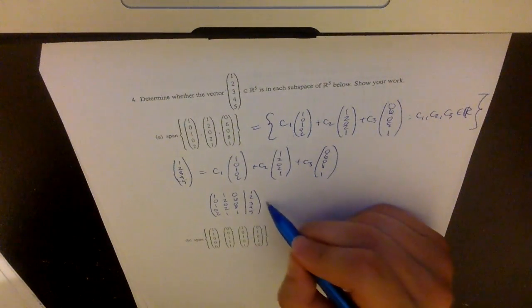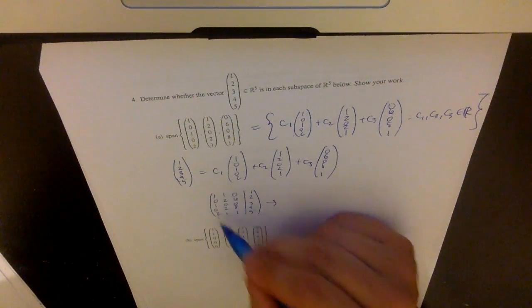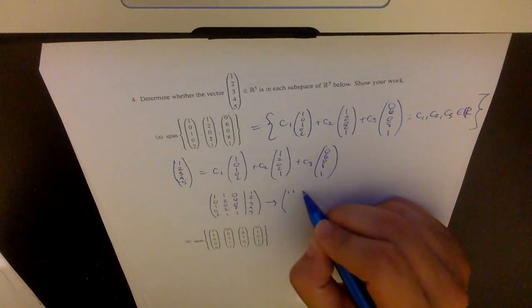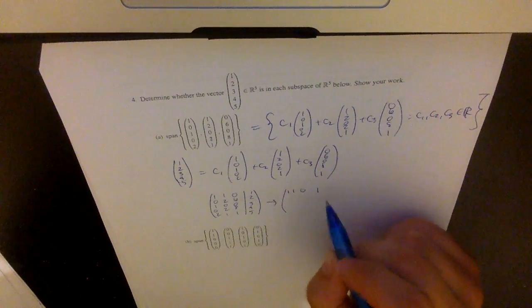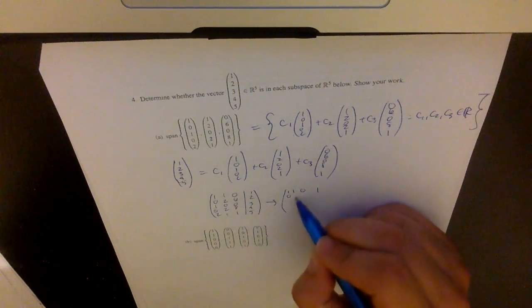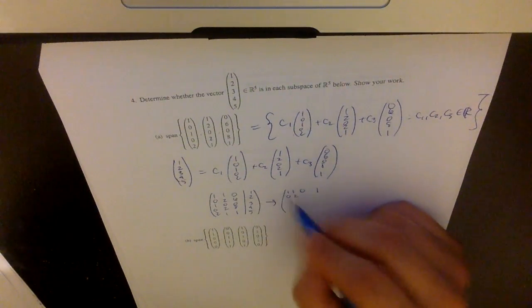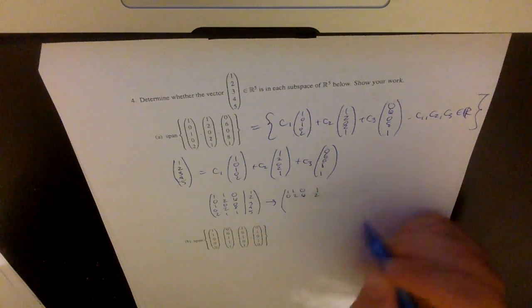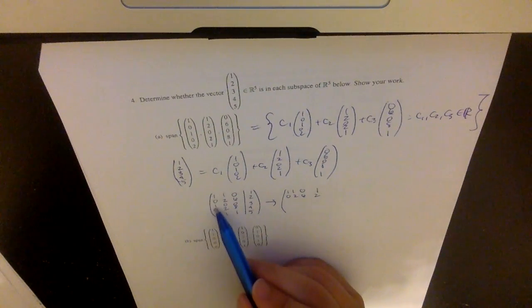Let's use this first row to zero out the rows below it. The second one already has a 0 below the diagonal. Let's use this one to zero out this one.